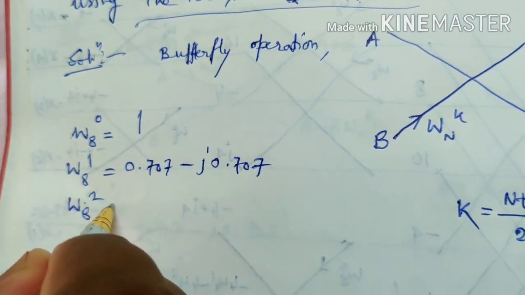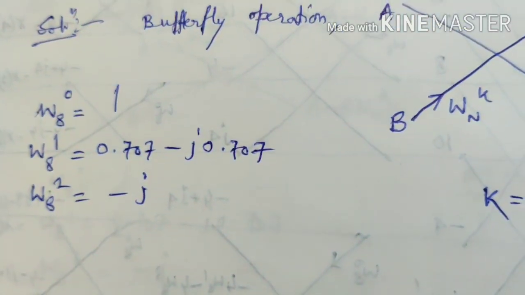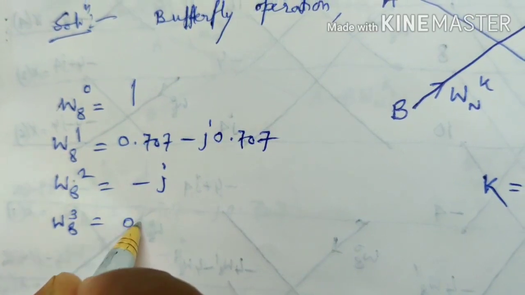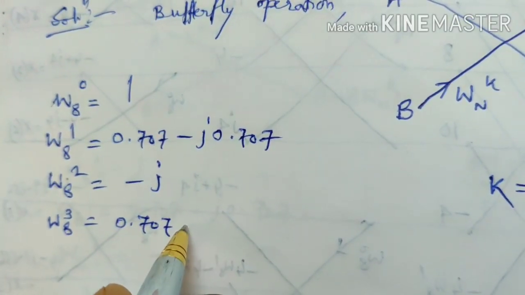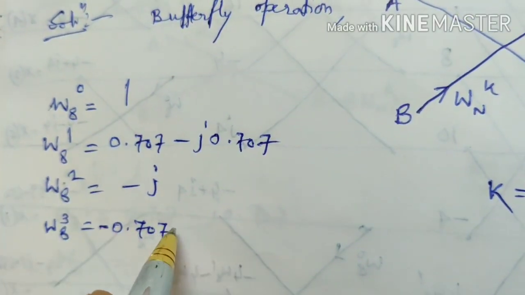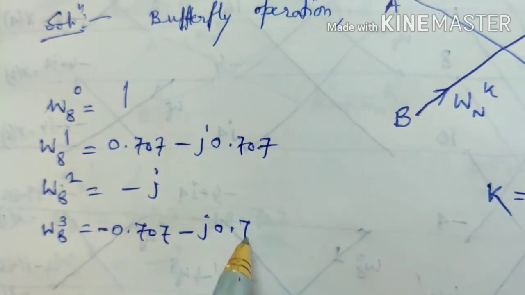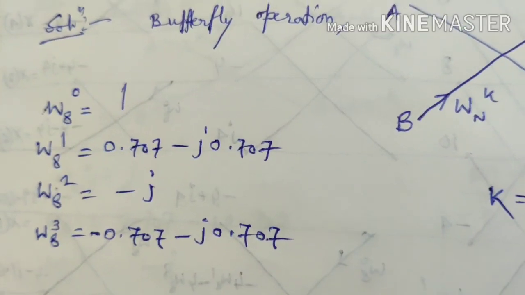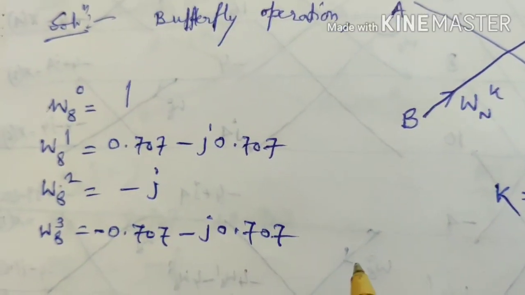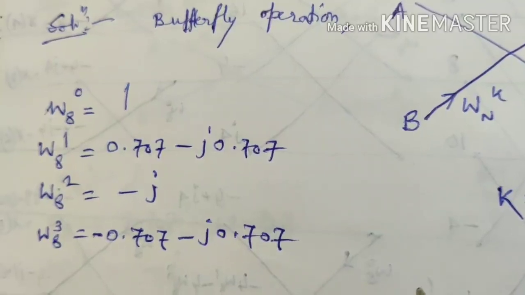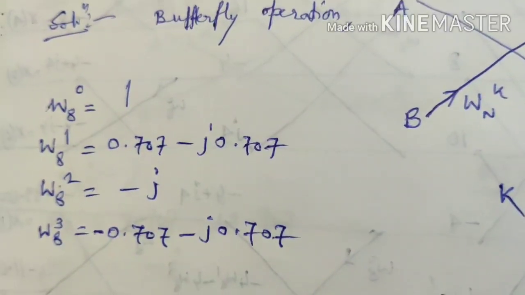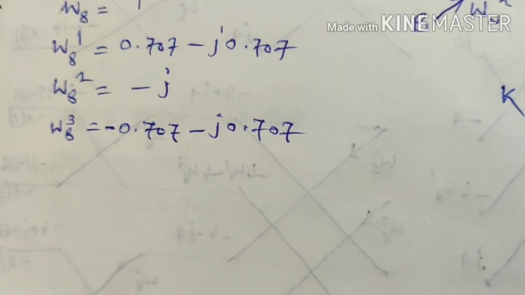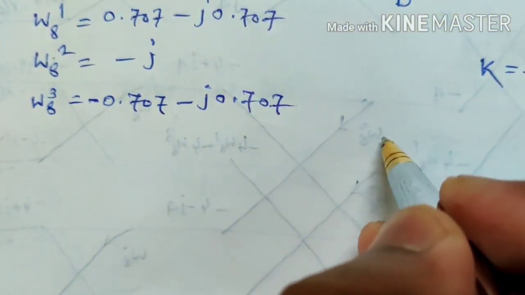Omega 8 2 is minus j, and omega 8 3 is minus 0.707 minus j 0.707. And in case of DIT, first the input sequence is arranged in bit-reversal form and the output will be taken in sequential form. So bit reversal is required here.